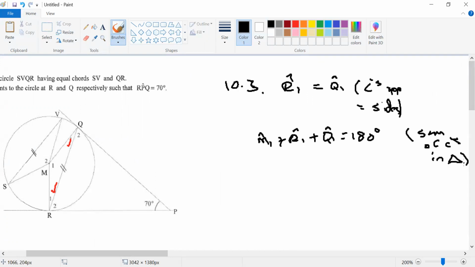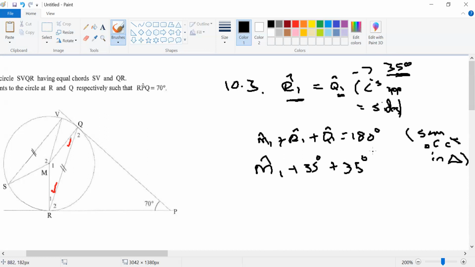And now the only thing I have left to do is start substituting into this equation. From the previous question, I already know that these both are equal to 35 degrees. So all I need to do is substitute in what I know. So I know that R1 is 35 degrees. And I know that Q1 is equal to R1, which is equal to 35 degrees.